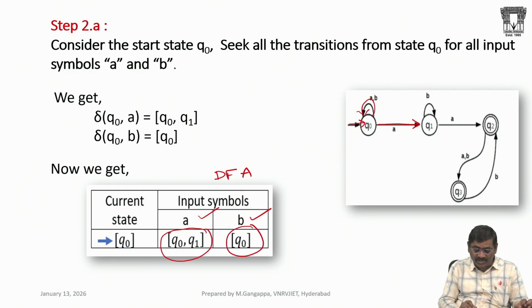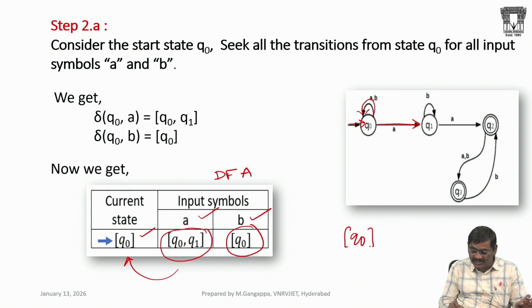In this step, we compare the next state Q0 Q1 with the current state Q0. If both are the same, we need not consider the next state as a new current state, and we do not make any transitions. Otherwise, we have to do the transition. Here Q0 is the current state and Q0 Q1 is the next state.